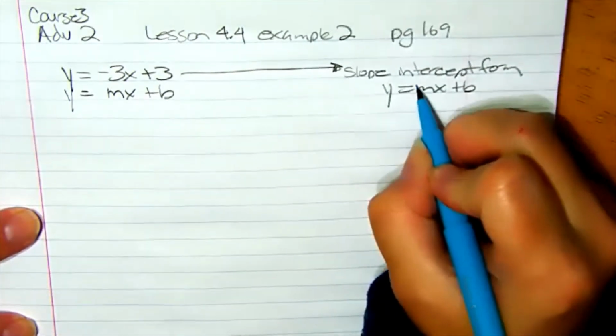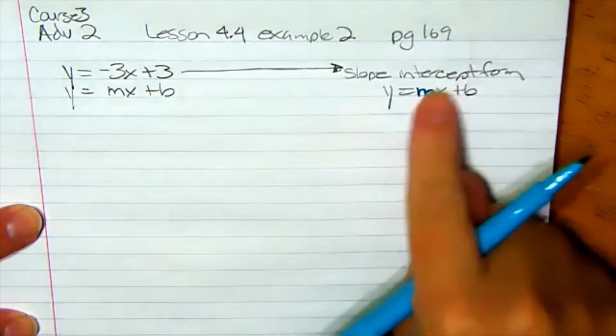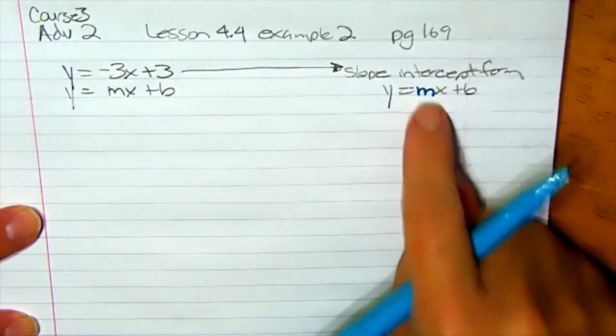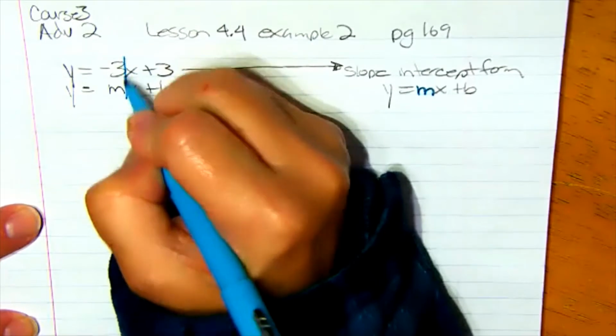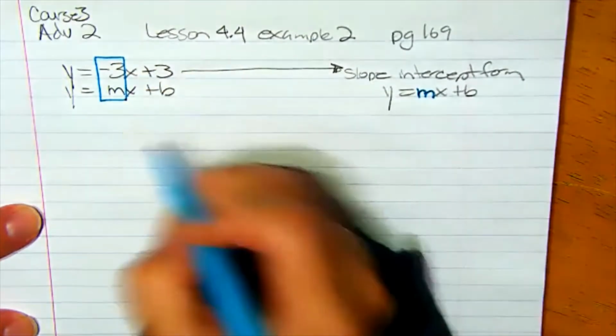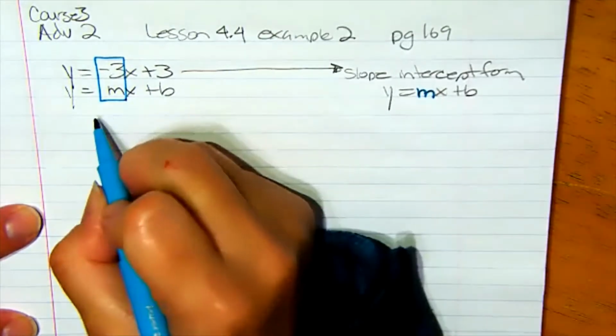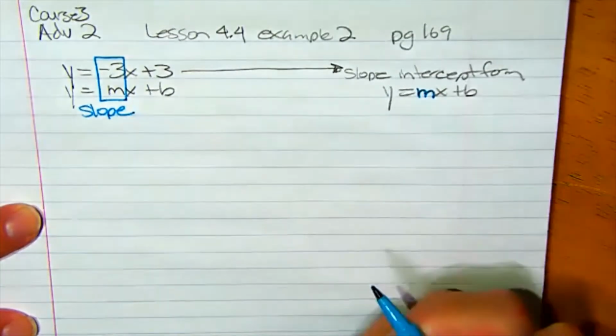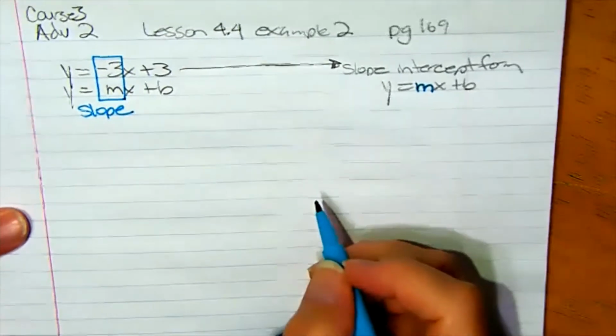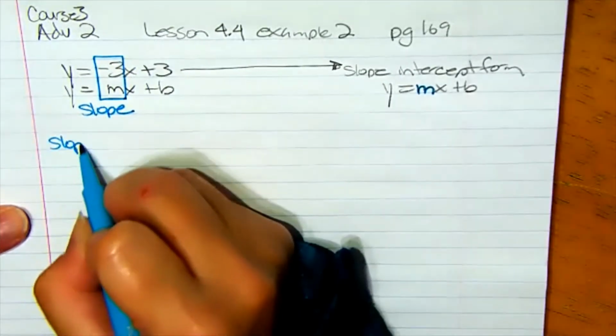Yay! So a few weeks ago, we said, whenever we think of slope, we're going to think m. This is why, right here, because in slope-intercept form, the slope is represented by m. So here's our slope. And what are the things that we can say about slope?